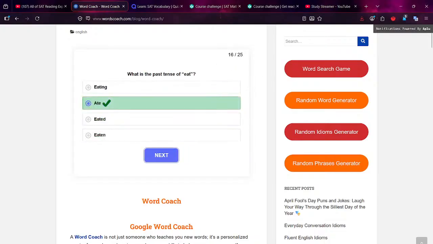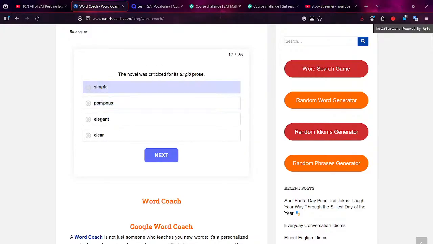All right, what's a past tense of eat? So that's going to be ate. Turgid is probably... I think I heard a word similar that means cloudy in water. But let me look it up.